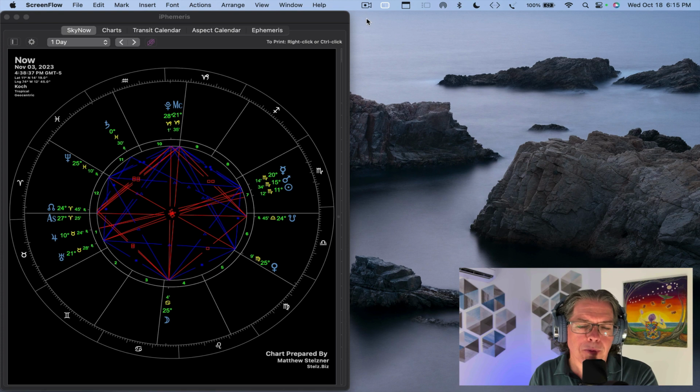I guess I just want to say one more thing. I realized that I didn't quite fully name just how rare this alignment is. The fact that we got 2 overlapping grand trines, 2 mystic rectangles, all these oppositions crossing each other.